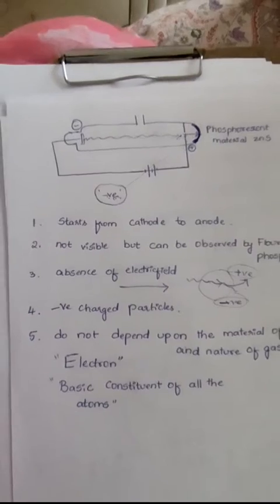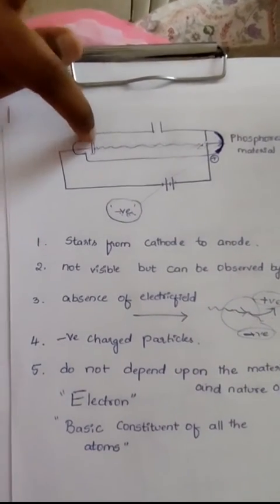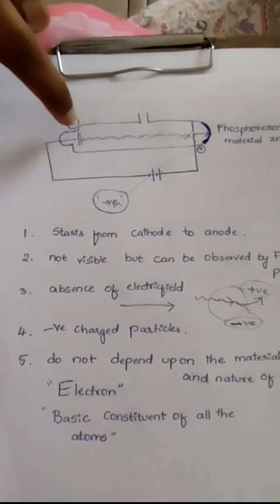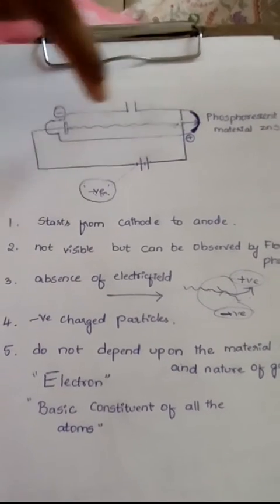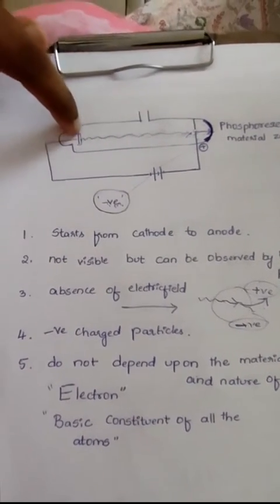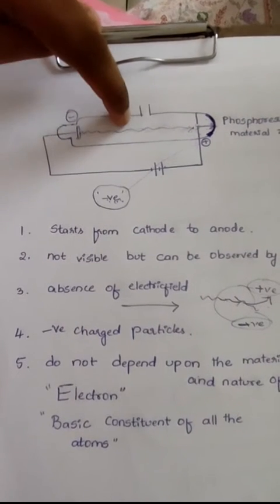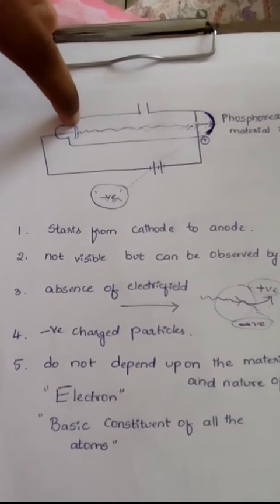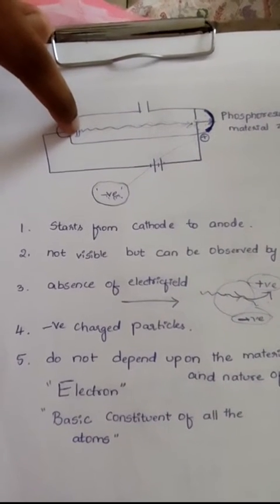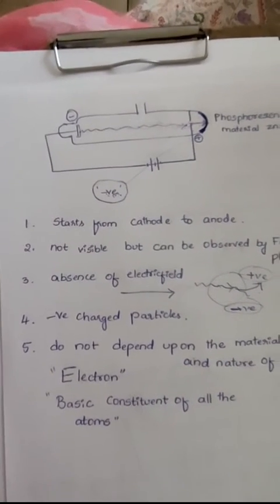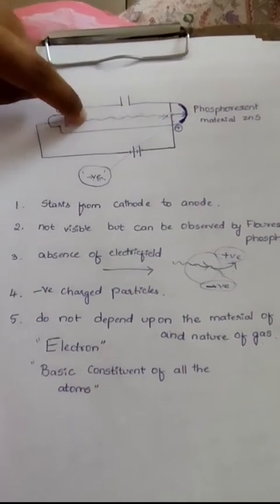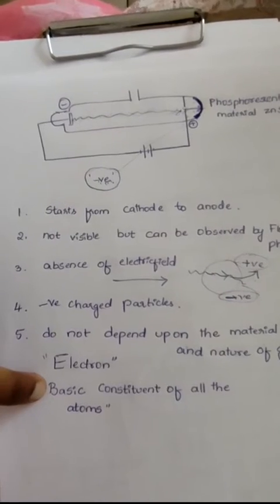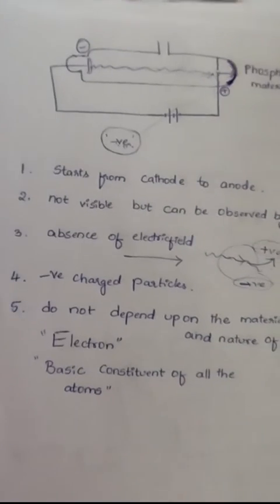These are rays emitted from the cathode, moving from cathode to anode. This doesn't depend upon the nature of the electrode and the nature of gas. It originates from the cathode, but it doesn't depend upon the nature of the cathode, so it is universal. So these particles, which we are naming electrons, are the basic constituent of all the atoms.